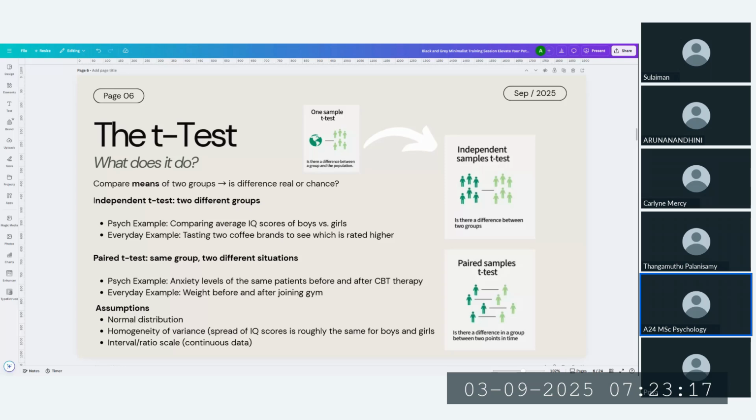We always begin with a t-test. So let us look at the t-test. First, we will look at what the t-test does.